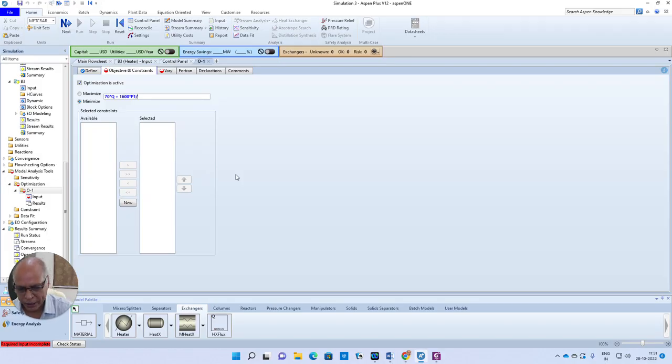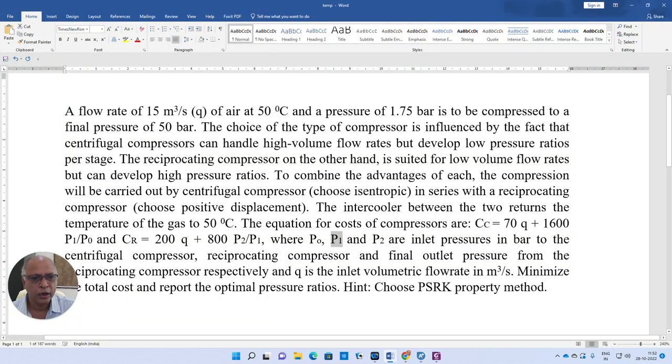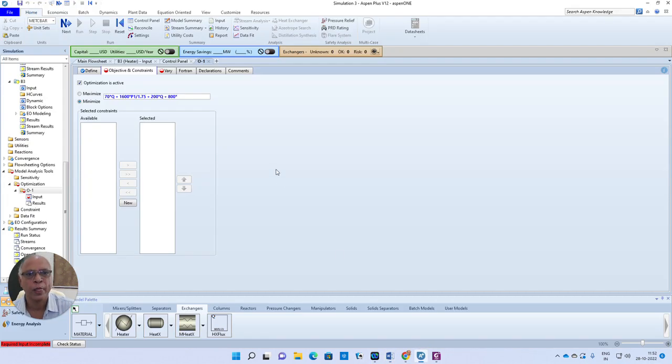P1 divided by P0, where P0 is 1.75, the inlet pressure, plus 200 multiplied by Q plus 800 multiplied by P2 by P1. P2 is 50 and P1 is anyway a variable. So we have defined this. Are there any constraints that we need to deal with? This is an unconstrained problem.